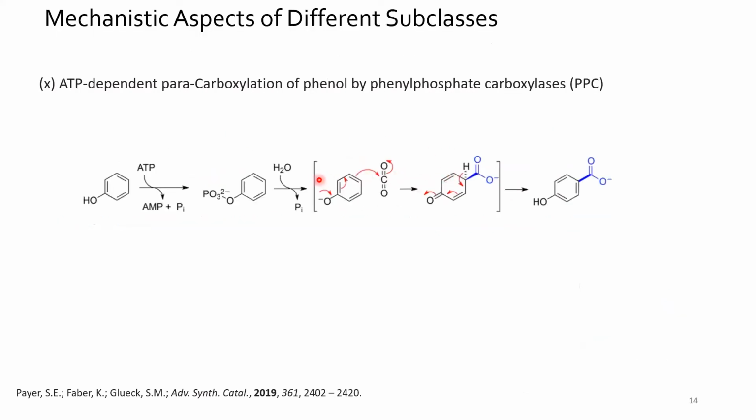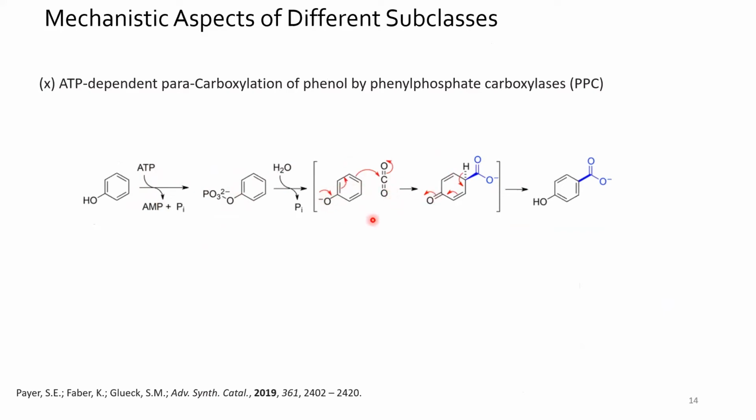Another class I want to mention is the ATP-dependent para-carboxylases. So you have a phenol which has to be first activated. It's forming this phenyl phosphate, which is then hydrolyzed, and afterwards it attacks the CO2 molecule.